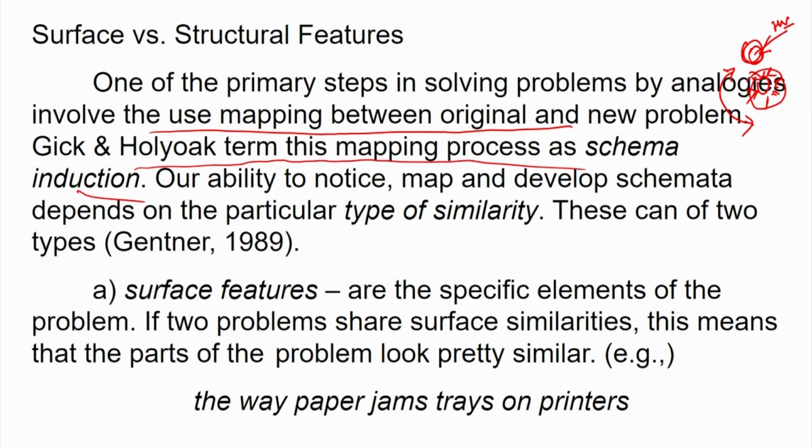For example, paper jams. All of you are very familiar with what a printer is. If you have a printer at home and it gives you paper jams, then if I introduce you to a new printer, you will find it more or less similar. You will understand that the back of the printer is where the roller is, and so that is where the paper jam is, and it will take you very little time, because most printers work in a similar way.